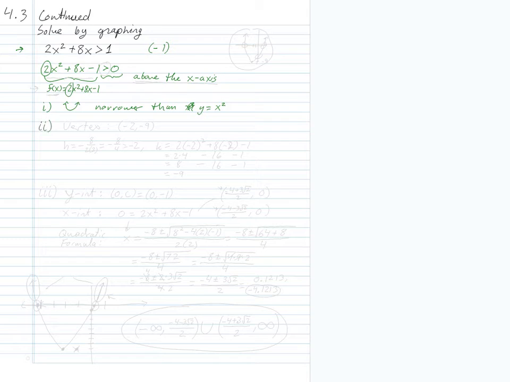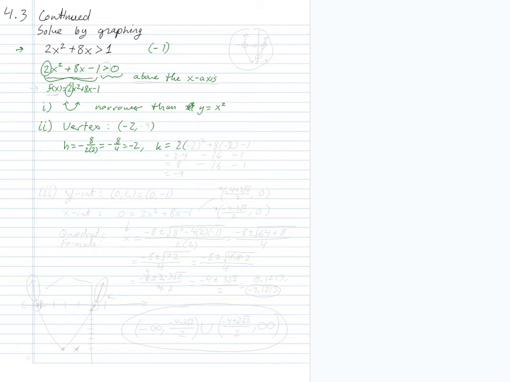Second, we'll identify the vertex. So we'll start with h, negative b over 2a, negative 8 over 4, that's negative 2. Then k, the y-coordinate, we can find by plugging negative 2 into our function.